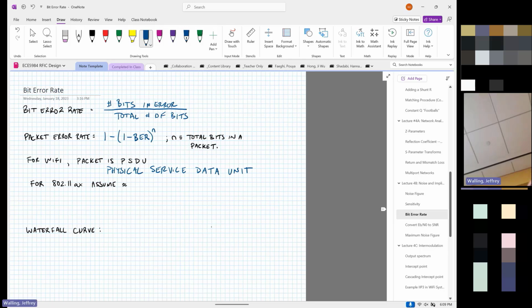And for 802.11ax, which is more or less the Wi-Fi 6 standard, we can assume that we have something like 52 million bits per packet.